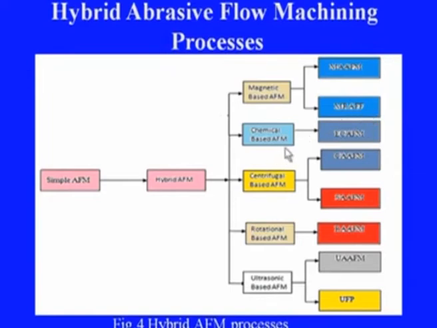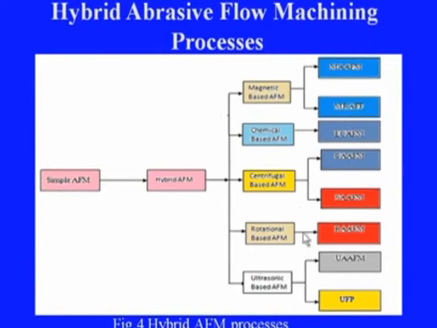Then chemical based AFM, where electrochemical assisted abrasive flow machining is one of the hybridized processes. Then centrifugal based abrasive flow machining, in this centrifugal assisted abrasive flow machining and spiral assisted abrasive flow machining, these two have been developed and it was found that they are working well as far as the enhancement of the process performance is concerned.